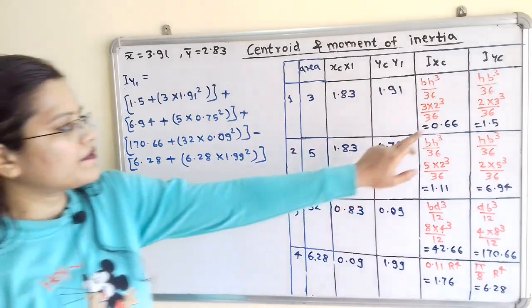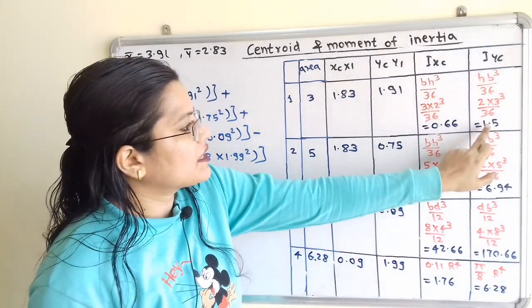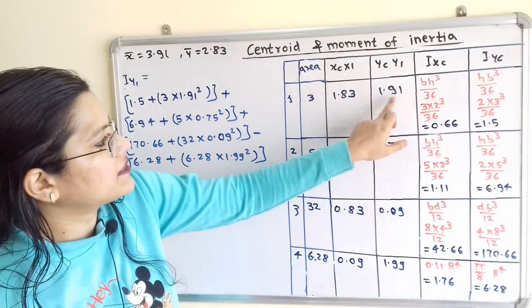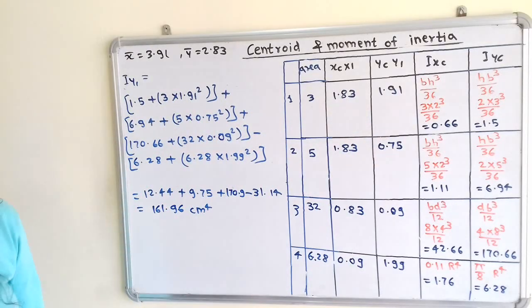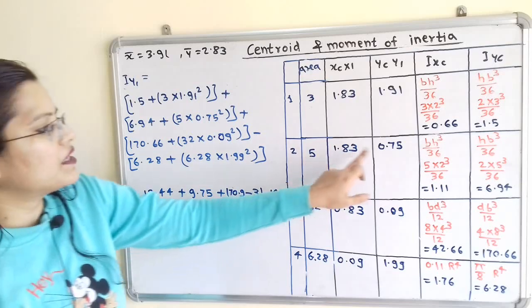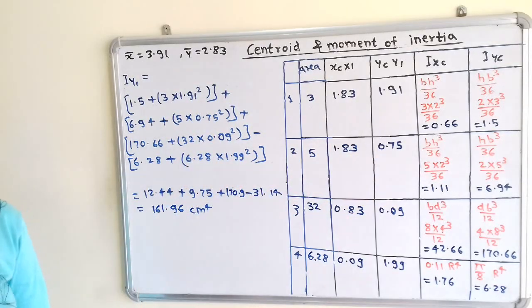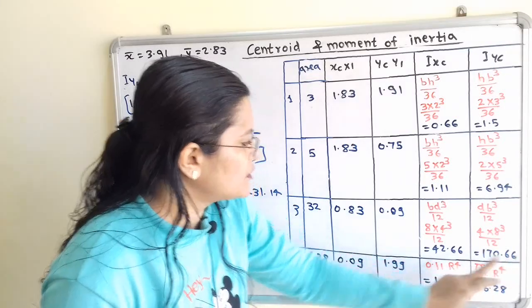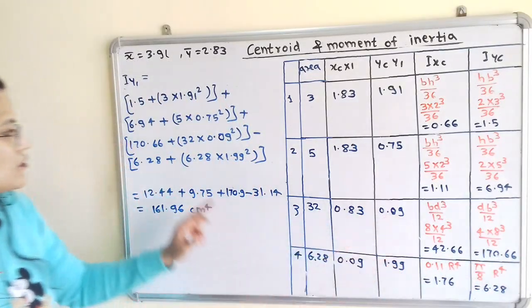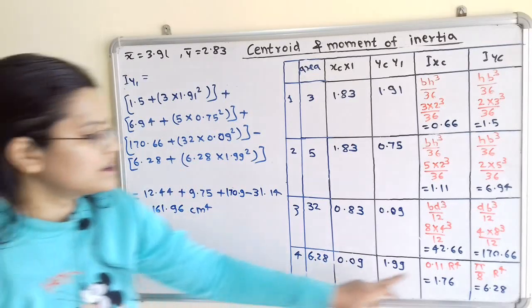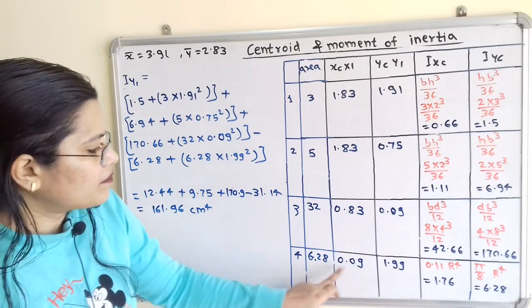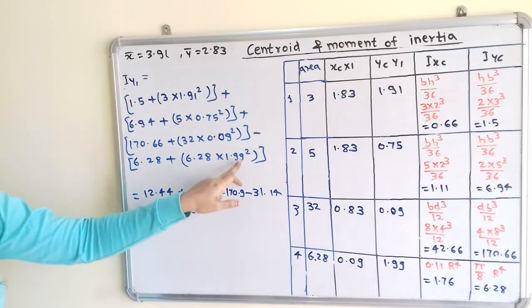For shape number 1 we will write Iyc1, that is 1.5 plus area multiplied by (yc to y1) 1.91 square, plus 6.94 plus area 5 multiplied by 0.75 square, plus 170.66 plus area 32 multiplied by 0.09 square, minus 6.28 plus 6.28 multiplied by 1.99 square.